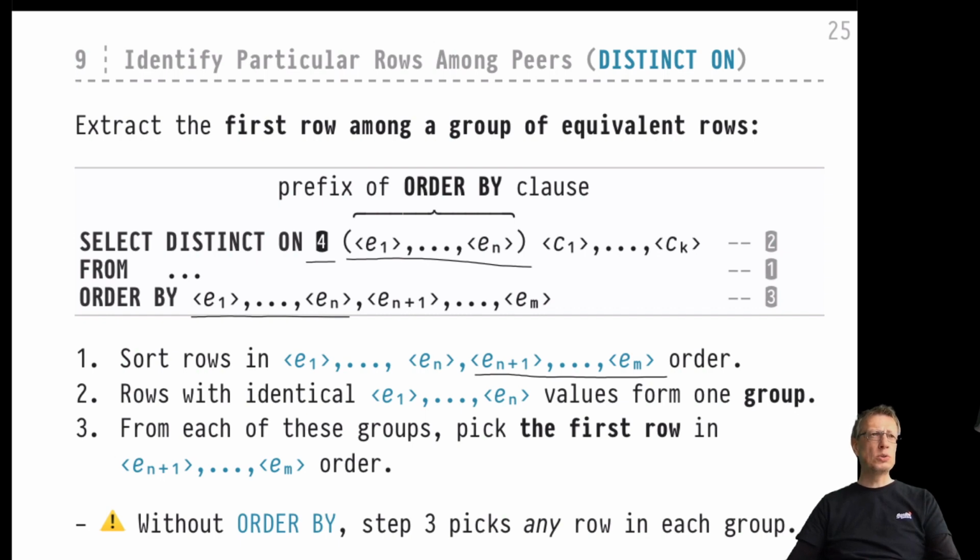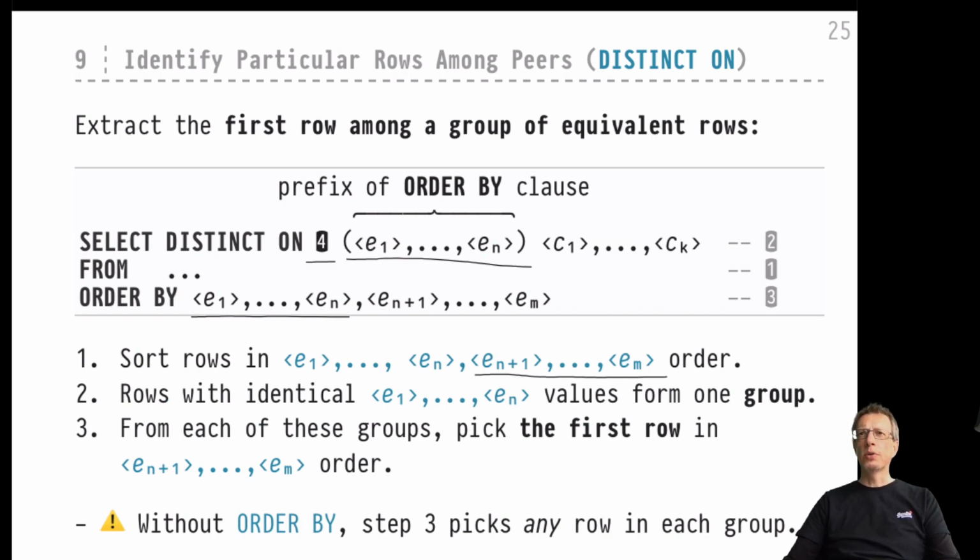And you will also see that without this order by clause attached to the select distinct on query, the query has really questionable semantics. The distinct on here will pick any row, any random row among those rows that are equivalent according to these first E1 to EN. Whether that makes sense is questionable. But so distinct on normally almost always goes together with order by.